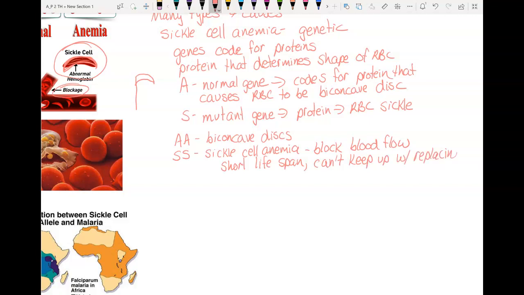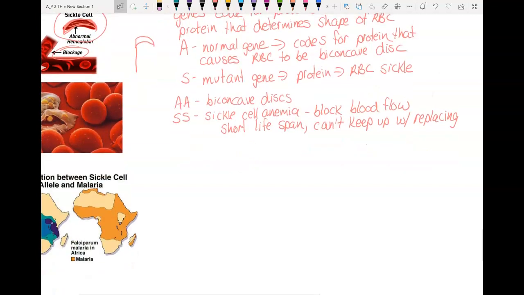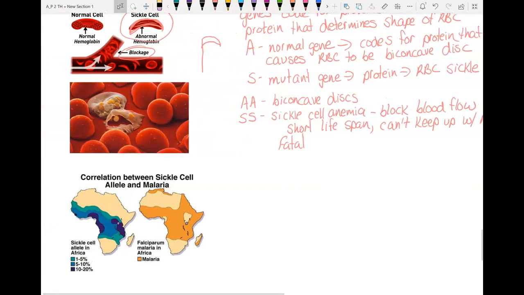So you end up with fewer red blood cells, and the ones you have are shaped wrong and they clog your blood vessels. So this is a fatal condition. We do have modern medical treatment that can extend your life if you have sickle cell anemia, but it is difficult to live with.